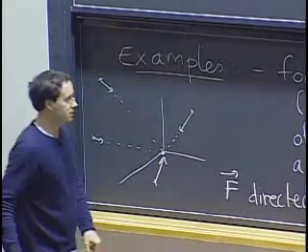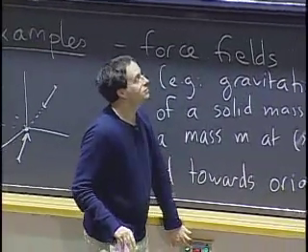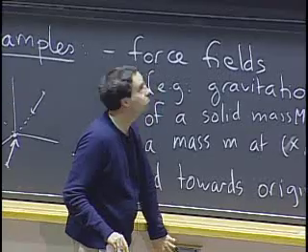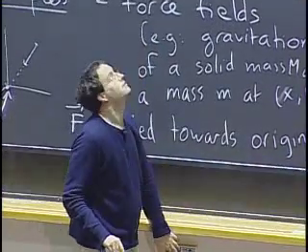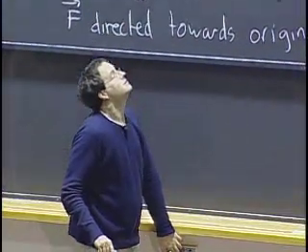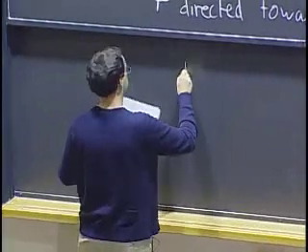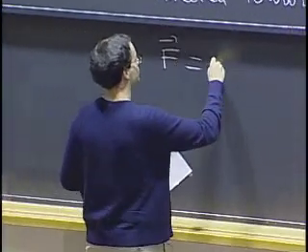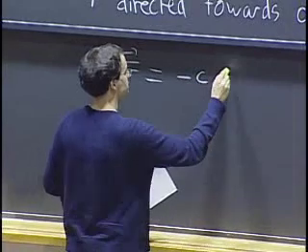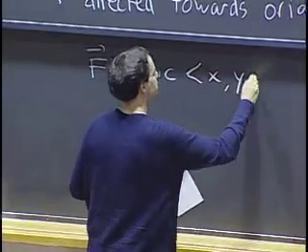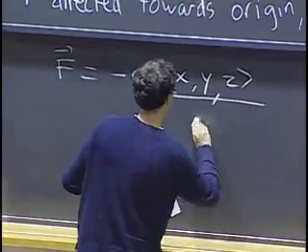If I wanted to give a formula for that, it might be of the form minus c times the vector x, y, z over rho cubed.